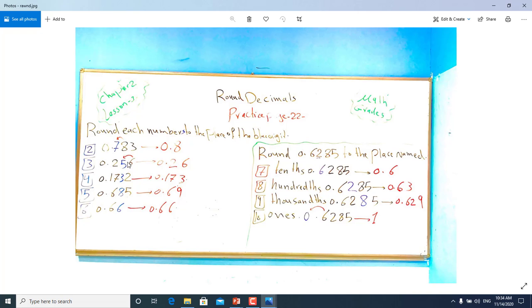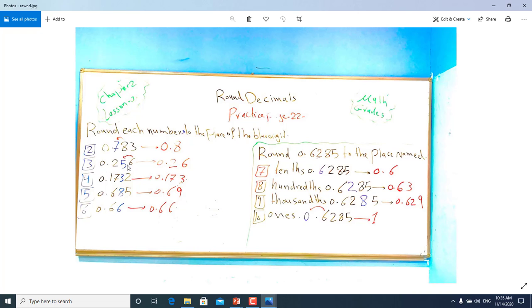So we write 0 and point. After that, when you come to this 7, we will stop. We will look at the next digit. So it is 8. 8 is more than 5, so you can increase any number over this 7. This 7 will be 8, and we let the digit we have after the 7 go.